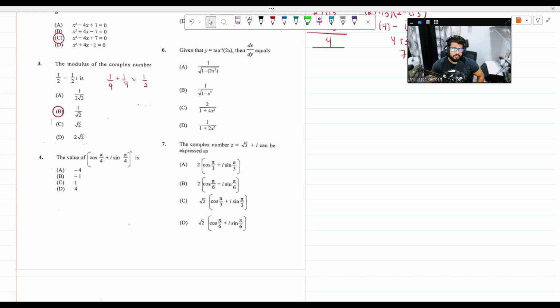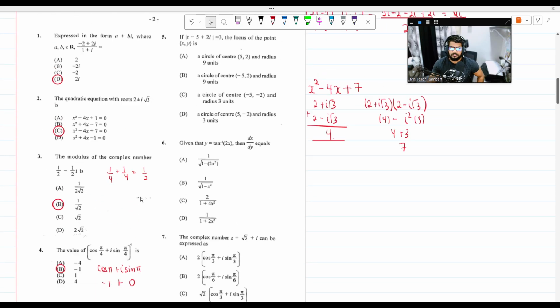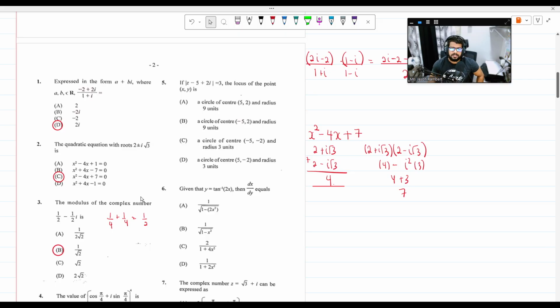The value of this to the power 4 using De Moivre's theorem, it would be cosine pi plus i sine pi. So cosine pi is going to give us minus 1. Sine pi is going to give us 0. So the answer for this is B. If z is equal to that, the locus of the point xy, we know the radius had to be 3.